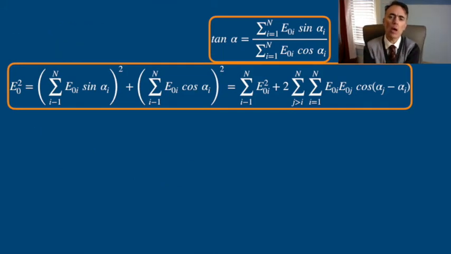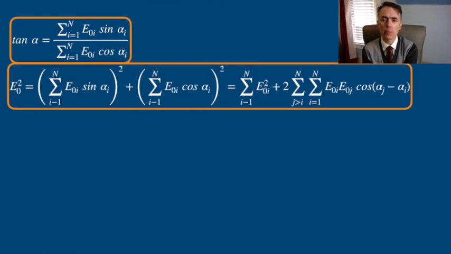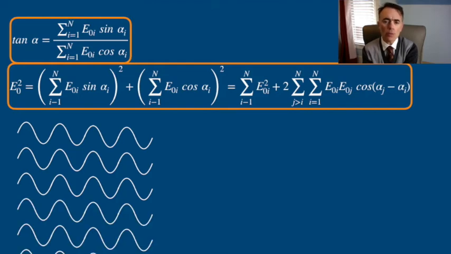Let's explore now what happens if you add n coherent waves. By coherence, we mean that the waves have the same frequency and oscillate so that they are in phase. This can be achieved with a laser source, as we will see when we study lasers.